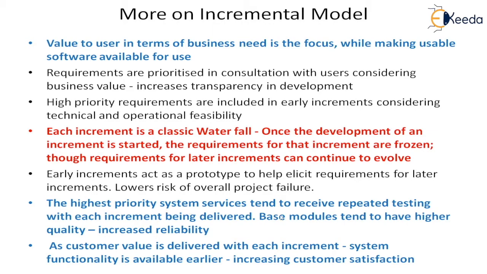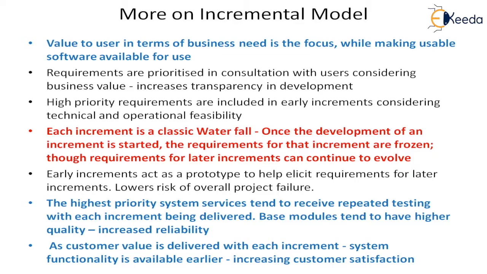Highest priority system services tend to receive repeated testing. So this is regarding the quality of the system that we are delivering. Here, what will happen is, when we deliver the second increment, we are also testing the base elements, because base modules are being used by the additional feature modules.